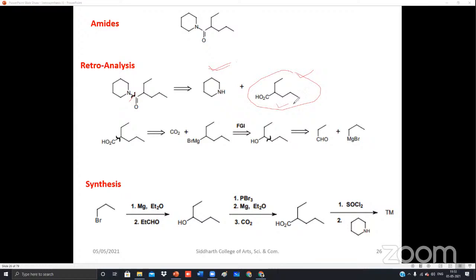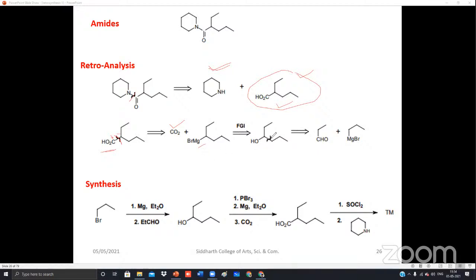So if you want to synthesize this carboxylic acid, you can do the disconnection over here. If I disconnect over here, no doubt, this will be the negative charge and this will be the positive charge. That means this COOH will be part of carbon dioxide, and this will be the Grignard reagent. And if this is further not possible, then you can go one step back, convert this into the halide, followed by the alcohol.